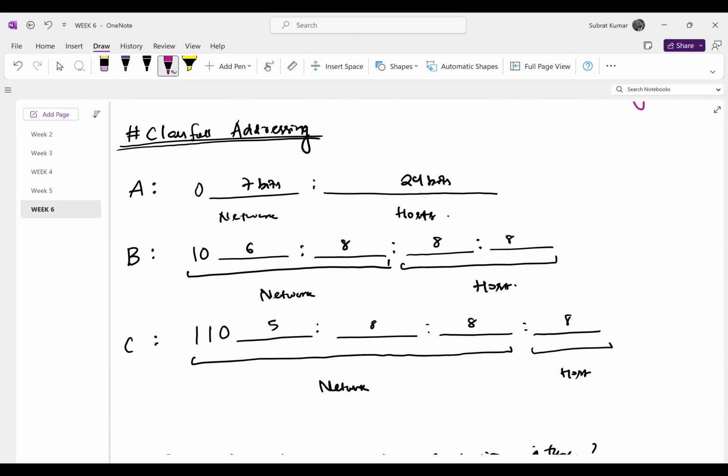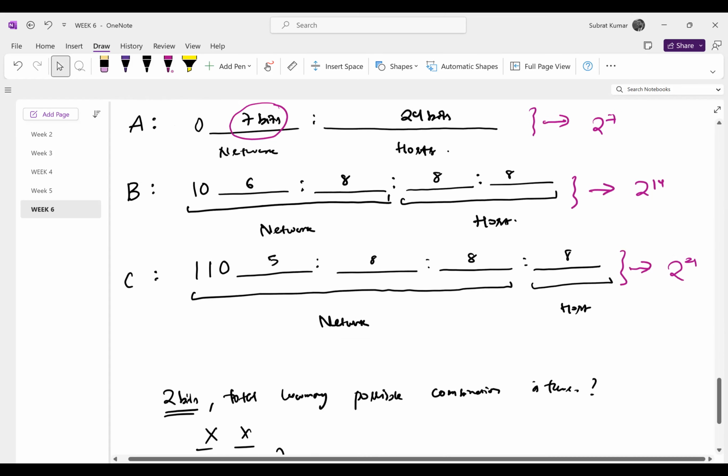For class A there are 7 bits left for the network, so that will be 2 to the power 7. For class B, there are 6 plus 8, that is 14, so 2 to the power 14. For class C, it will be 5 plus 8 plus 8, that is 21, so 2 to the power 21. This is the maximum number of networks that is possible to represent.